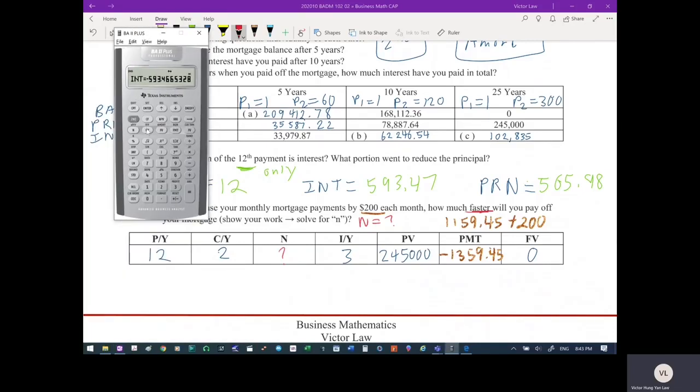Second function, P/Y is 12, C/Y is 12, and then 3 is I/Y, 245,000 is your PV, and negative 1359.45 is your PMT because you're paying down your mortgage, 0 for future value, and you compute for N. You're going to get N equals 239.2855.